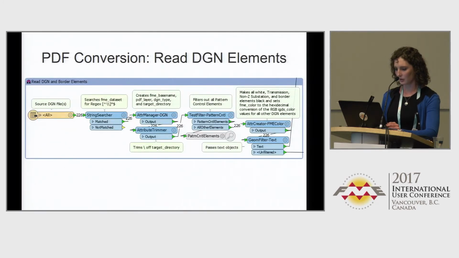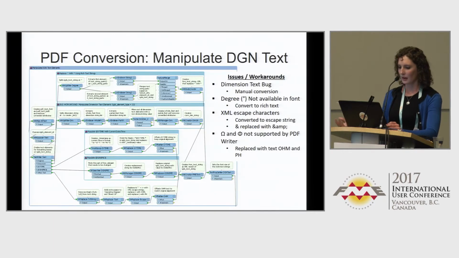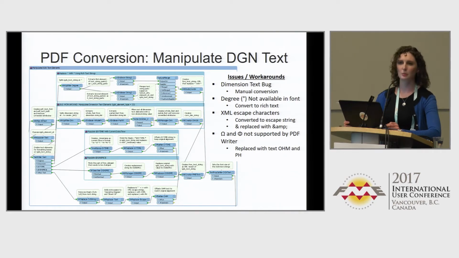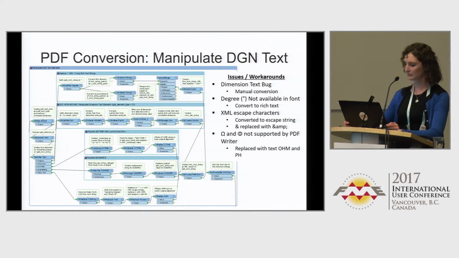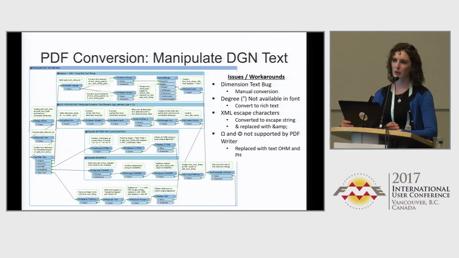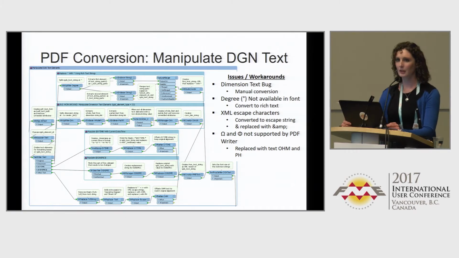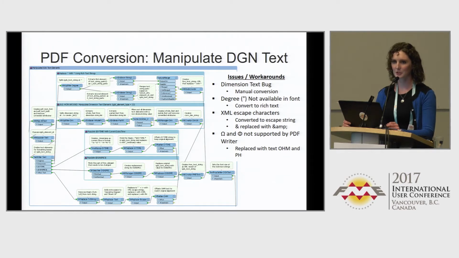First I just read the DGN elements in. I created some attributes to help me along the way. And then this whole part is just manipulating DGN text. One of the biggest issues we had is I found a bug in FME, unfortunately, but SAFE is aware of this and working on it.